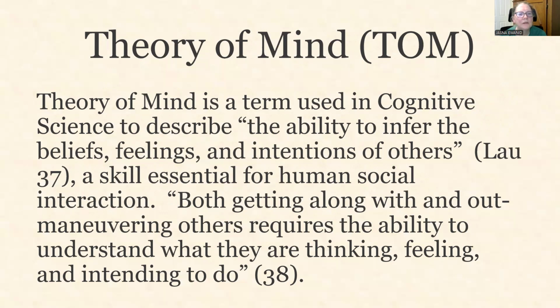It's basically the ability to infer the beliefs, feelings, and intentions of others. That's the basics of what theory of mind is, and it's a skill that's essential for social interaction. Both getting along with and outmaneuvering others requires the ability to understand what they are thinking, feeling, and intending to do. So this is something that we as people interacting in the world need to be able to do.